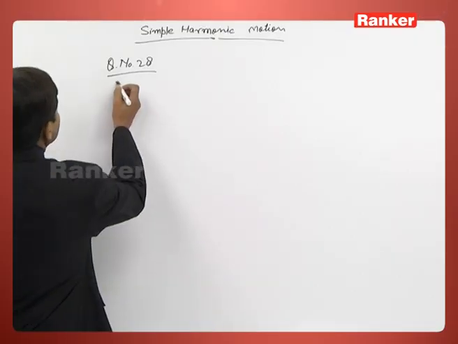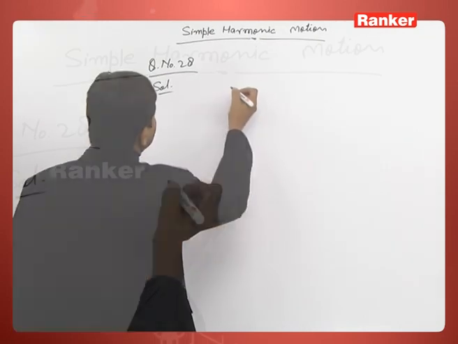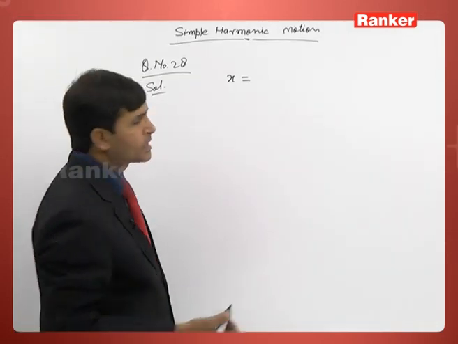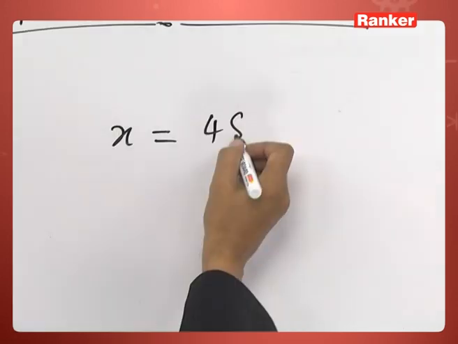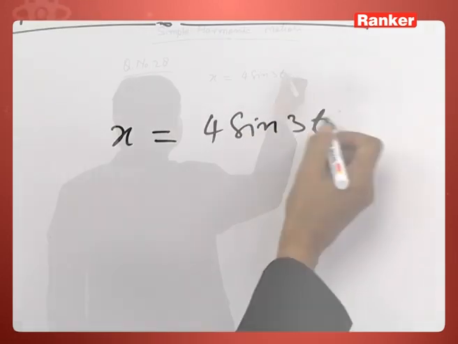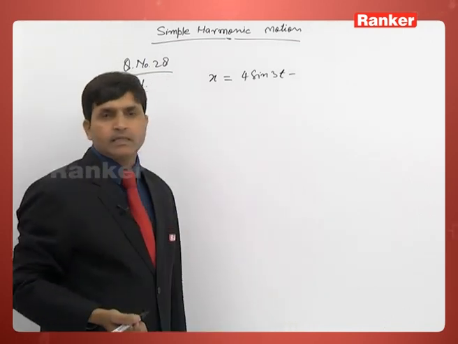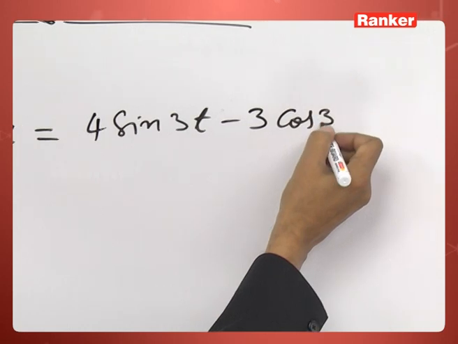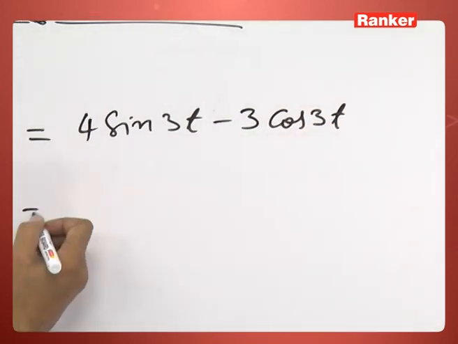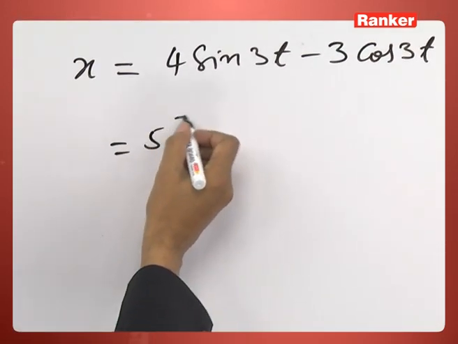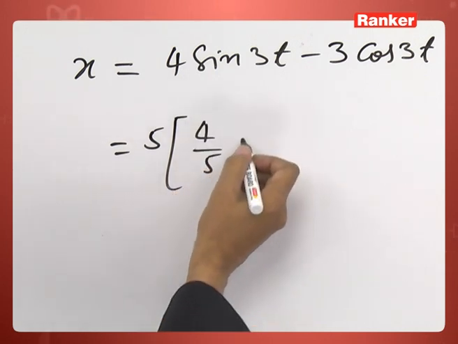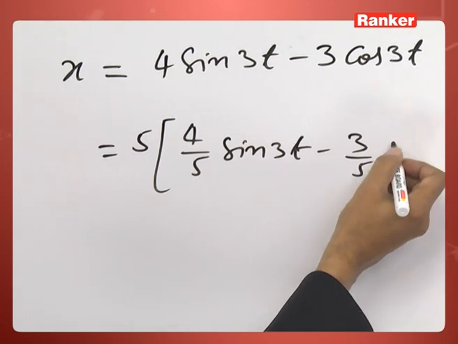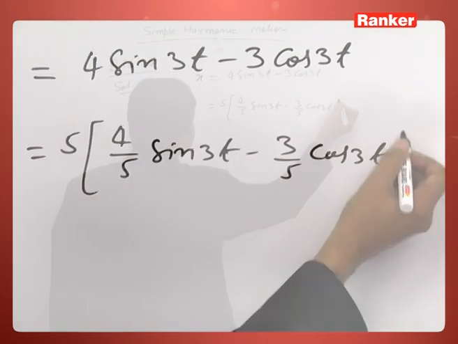So as per the given, the displacement of the particle varies as x is equal to 4 sin 3t minus 3 cos 3t. This can be written as 5 times 4 by 5 sin 3t minus 3 by 5 cos 3t.